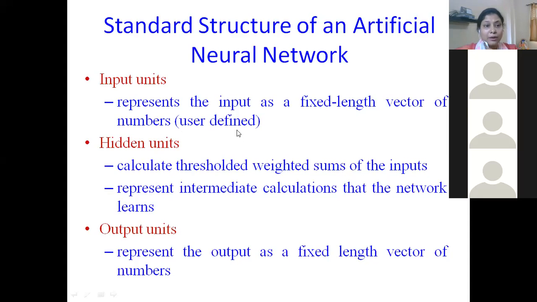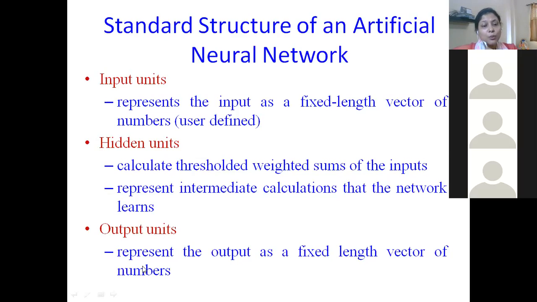The input units are represented as a fixed length vector of numbers which are user defined. The hidden units are where the weight updation process goes on, representing all the calculations inside the network that update the weights and reflect the relationship between the input set and the output set.